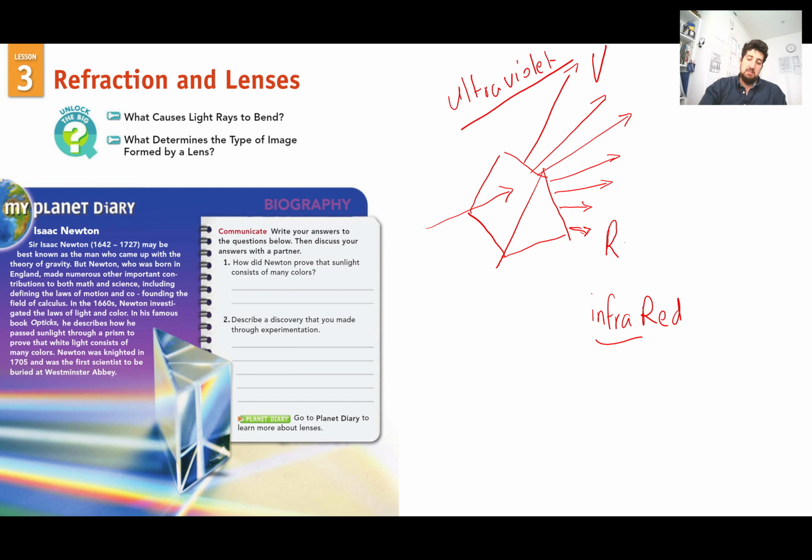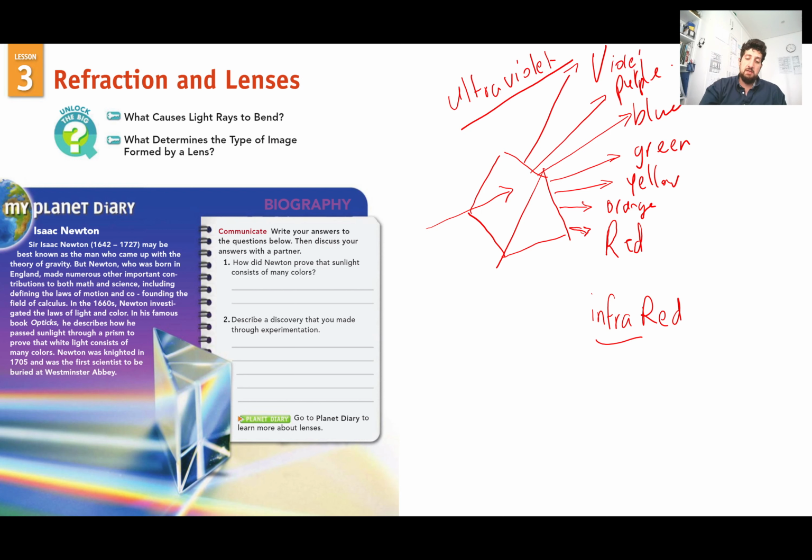So the visible light is from red, orange, yellow, green, blue, purple, violet. Did I miss any colors? Anyway, and every color in between.